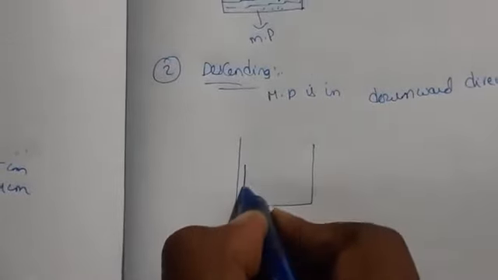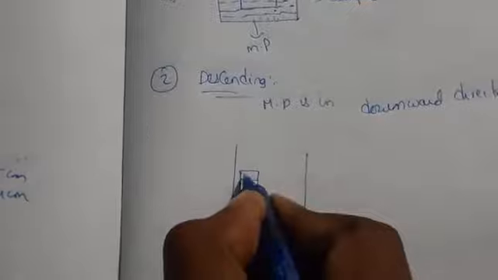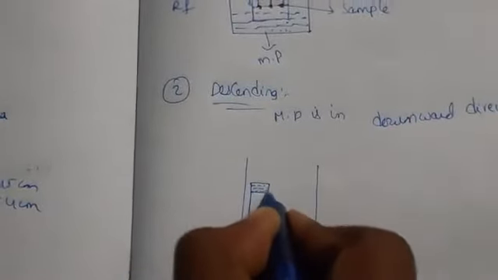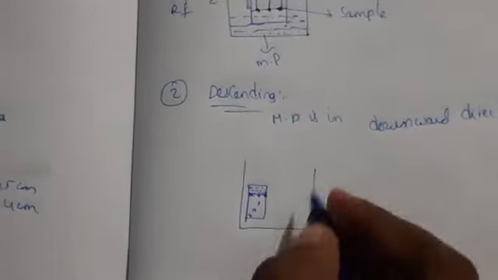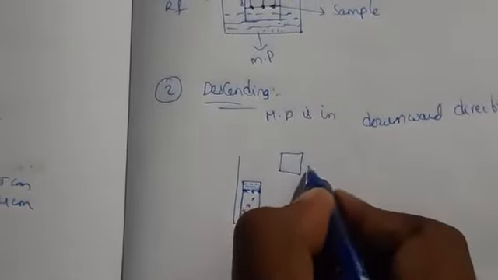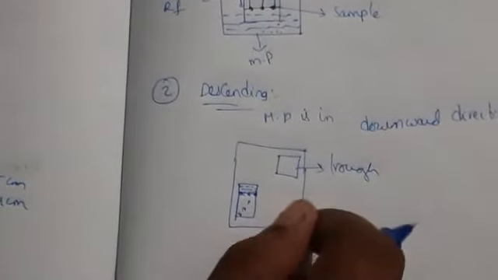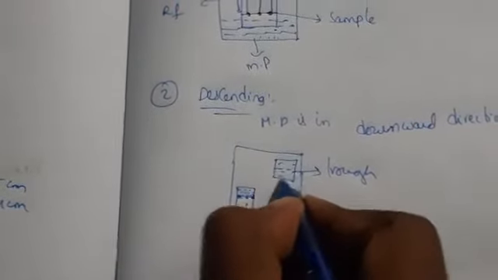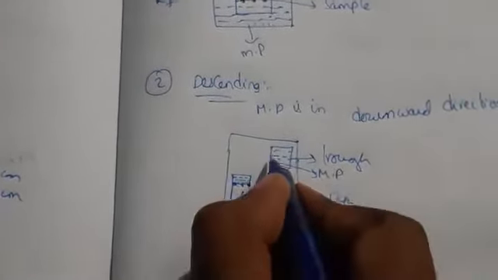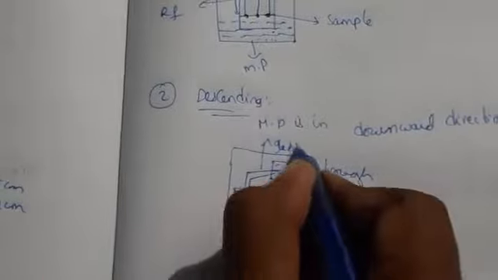In this, the filter paper, which is the stationary phase, is present, and the sample already contains different spots. We have one trough here, and this is the paper. This trough contains the mobile phase, the solvent. In this we keep a glass rod.